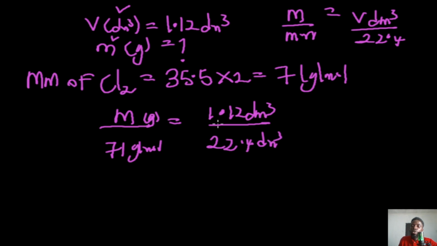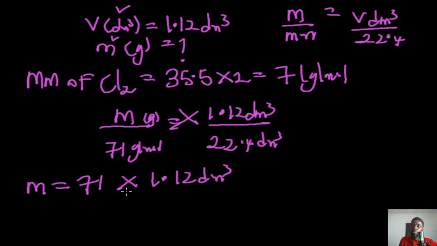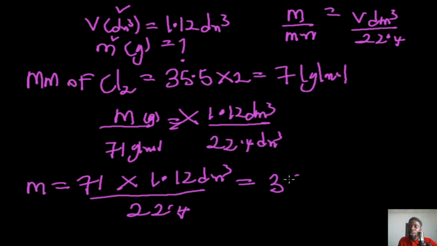Now, if we cross multiply and make mass the subject of the formula, you find out that the mass is going to equal 71 multiplied by 1.12 dm cube, all divided by 22.4. So if we divide, this is likely going to give us 3.55 grams. So 3.55 grams is going to be our answer.